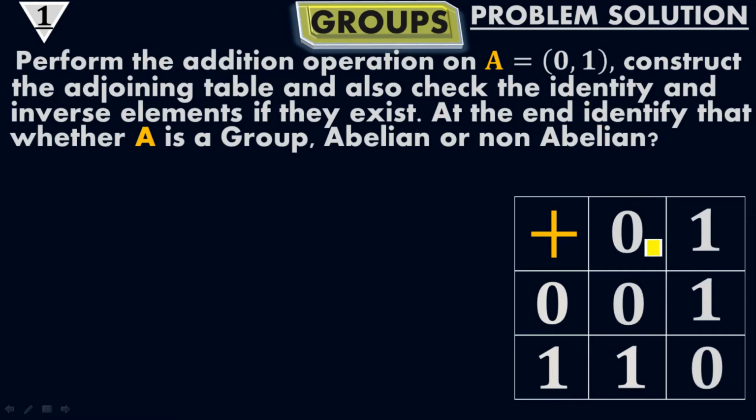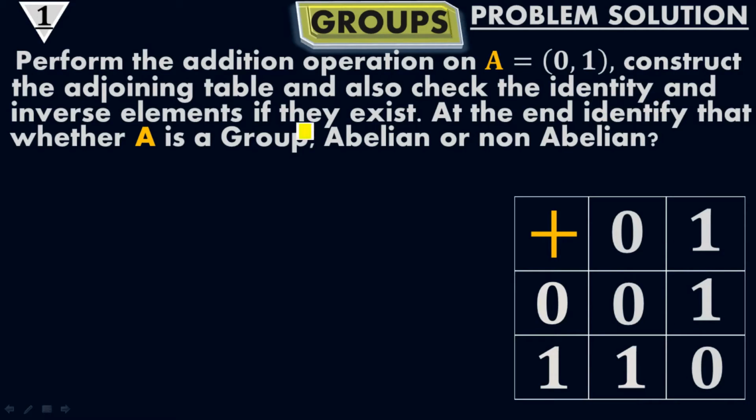Total number of elements are 2. So 2 minus 2 equals to 0. We're going to put 0 here, not 2. Don't make a mistake. Since 2 equals the total number of the elements, we subtract the total number of the elements, which is 2. So 2 minus 2 equals to 0. We're going to have 0 here. So there we got the adjoining table.